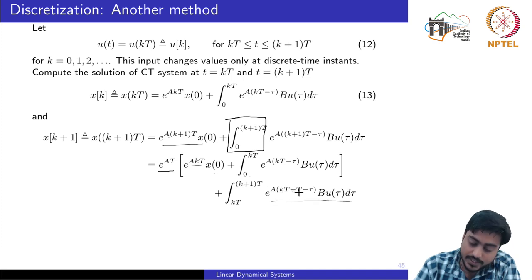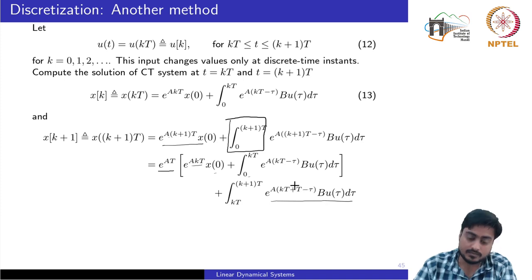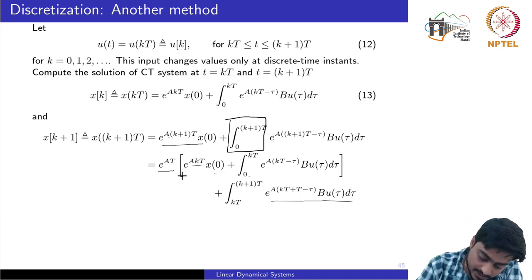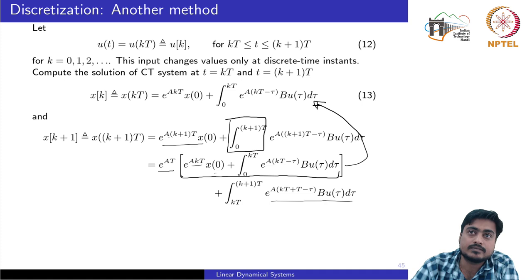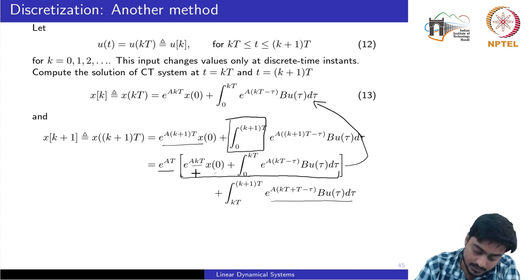This is (k plus 1) into T minus tau. Now pay attention here that this part is nothing but equal to this one. Right? We have e to the power AkT x naught, and this term also is equal to this term. So I can replace this whole term by x of kT.